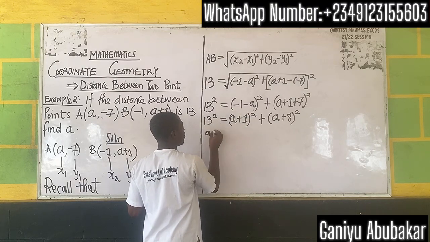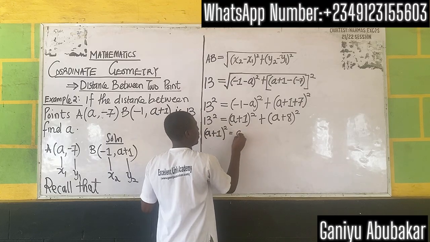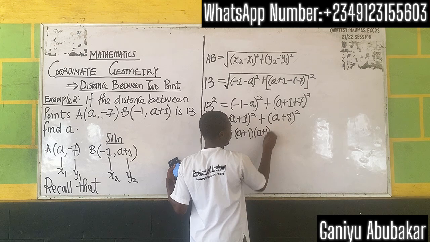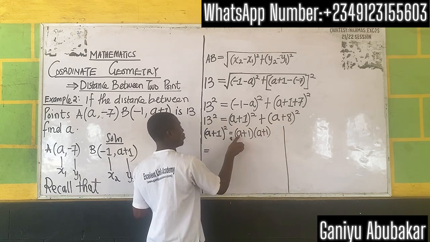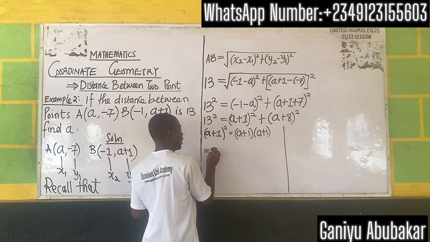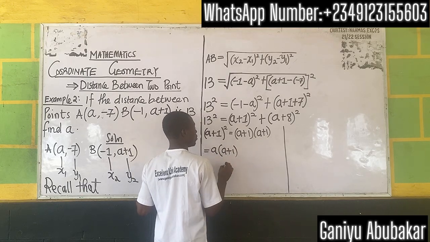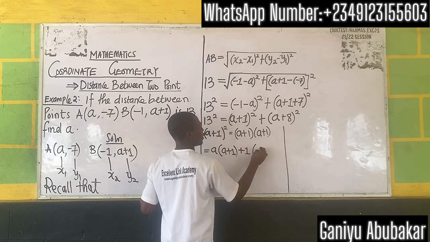If I have (A plus 1) all squared, this means (A plus 1) into (A plus 1), right? This is now equal to, bring out the first term here, that's A, into everything here gives you A plus 1. Second term here is plus 1, right? Into everything here is what?